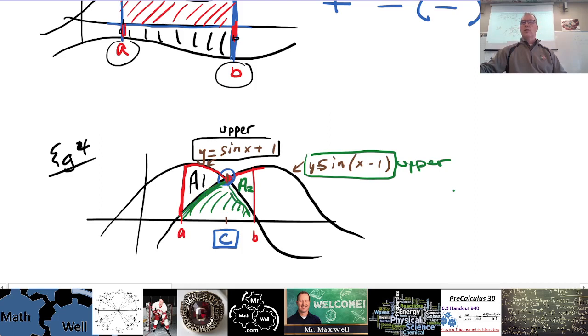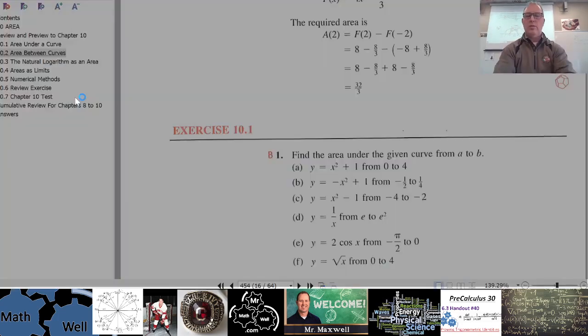It's not between the two. So the question would read something like, determine the area between the two functions from A to B. And so that would be clearly, this is an area between function 1 and function 2. This is also an area between function 1 and function 2. Okay? So that's what this question would read.